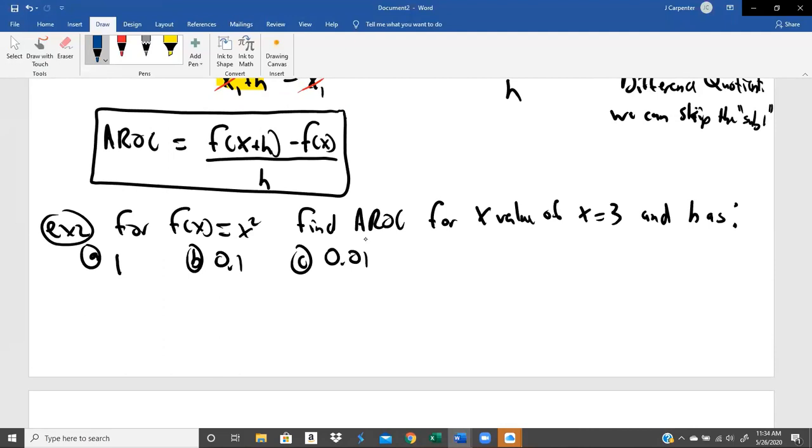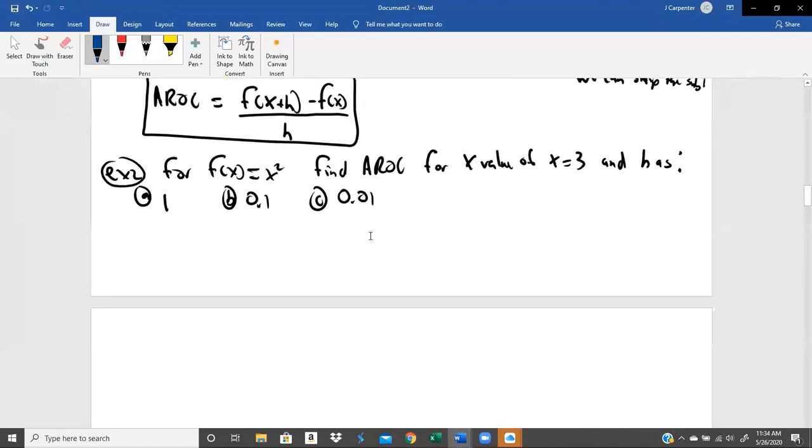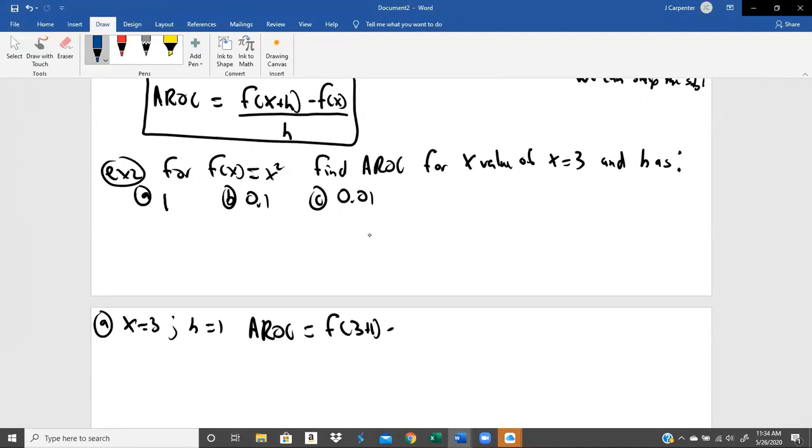What values are we plugging in? 1, 0.1, and 0.01 as separate problems. And I'm going to need some space, so let me scroll out. Let's put a right here. So again, our x value is 3, and our h is equal to 1. So our average rate of change is f of 3 plus 1 minus f of 3 all over just h.